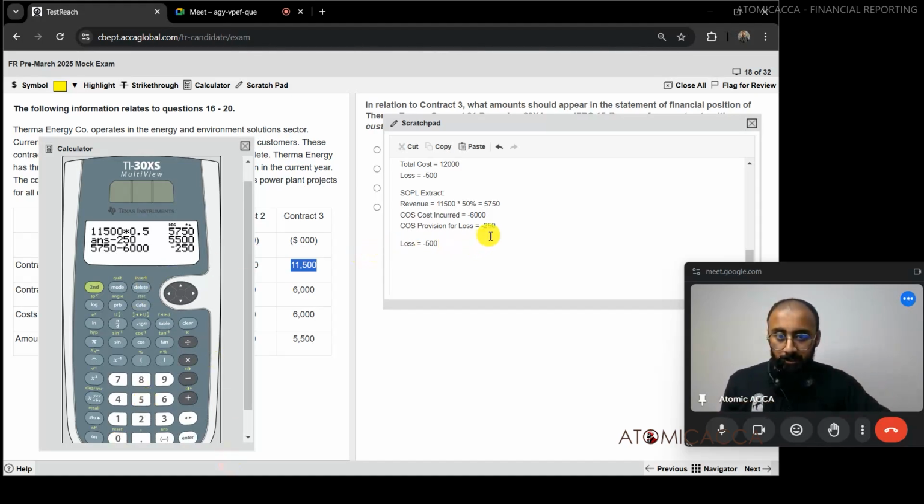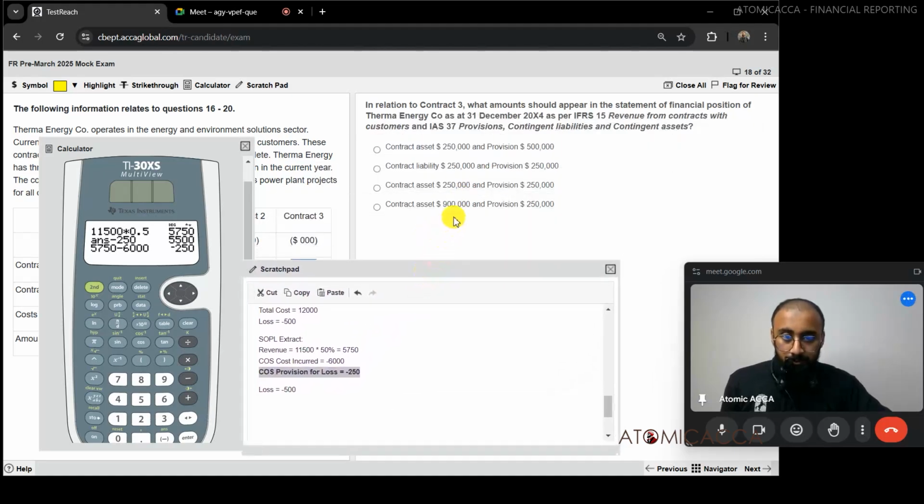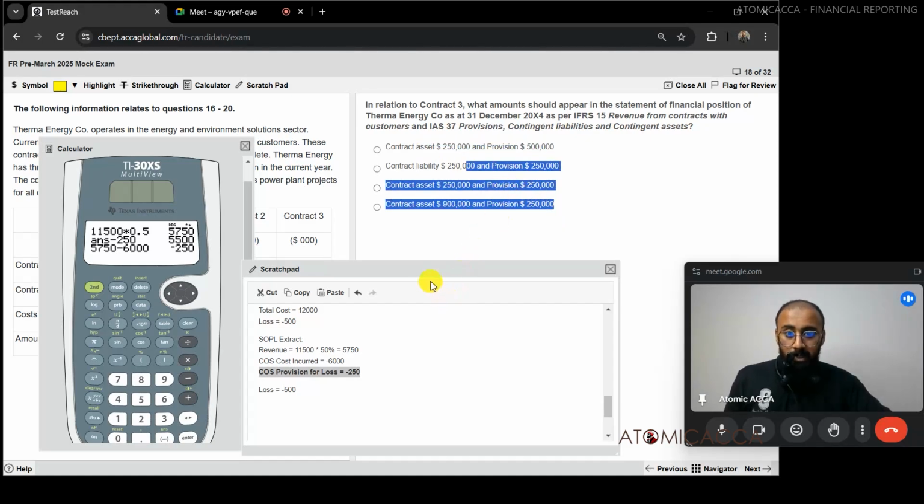So your answer is right. So provision for loss is minus 250. So we have a provision of 500, so this is wrong. Then we have a provision of 250 for all these three, so any could be an answer.